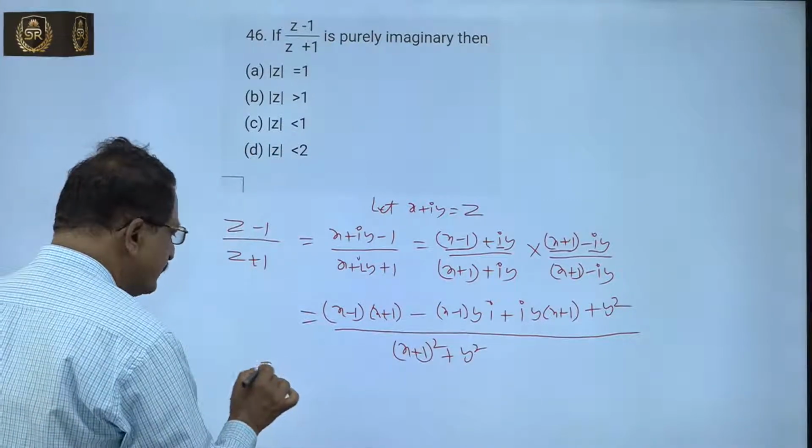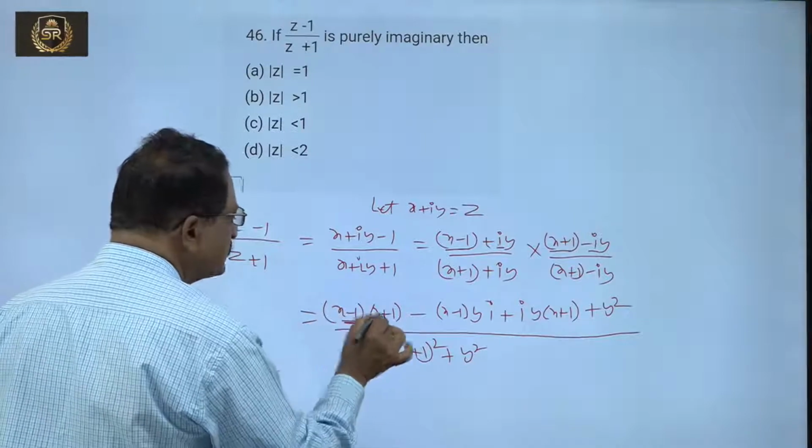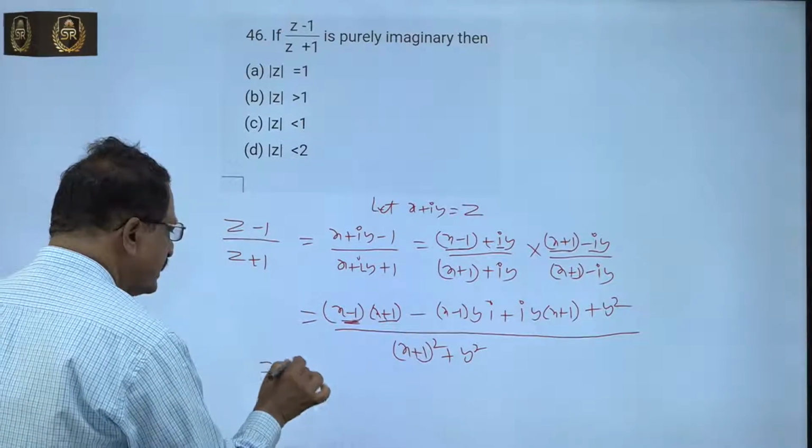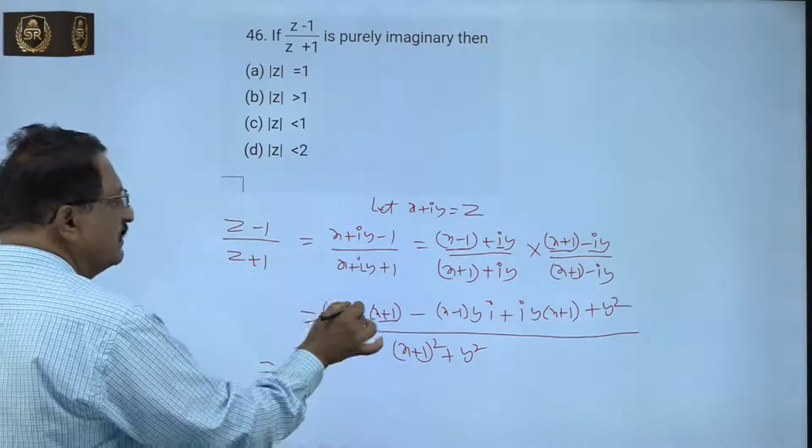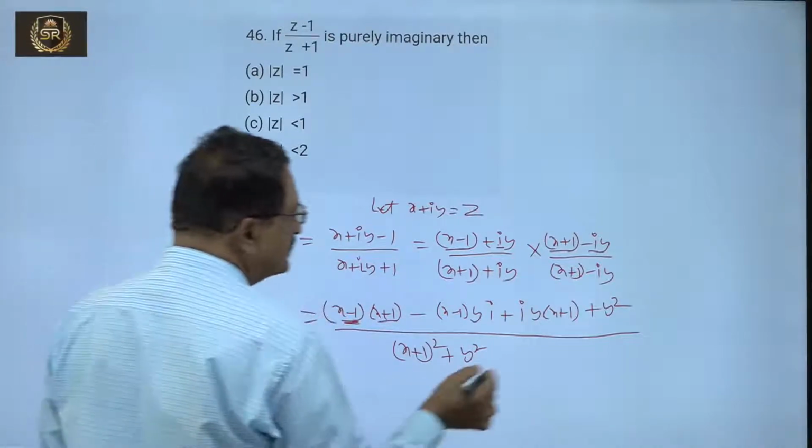Now that equals, here, (x minus 1) into (x plus 1), x square minus 1, since (a minus b) into (a plus b) is a square minus b square.